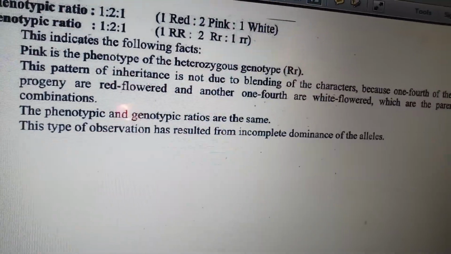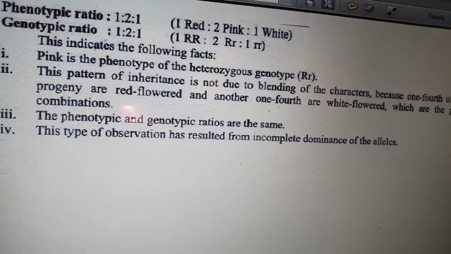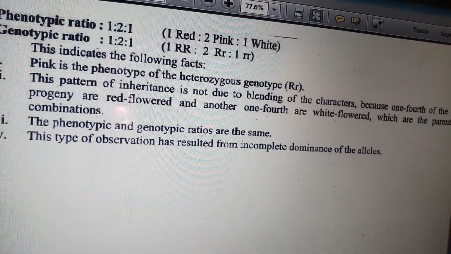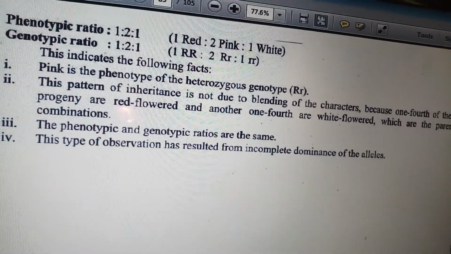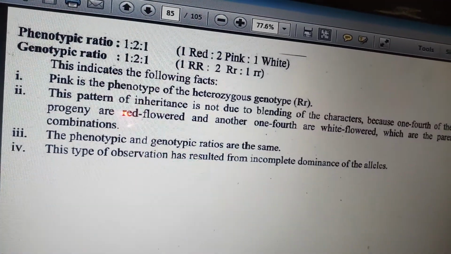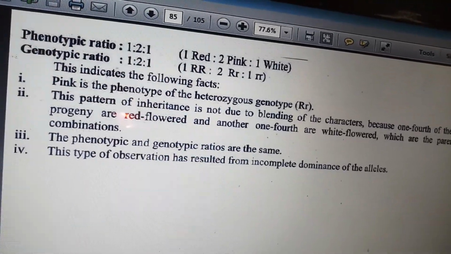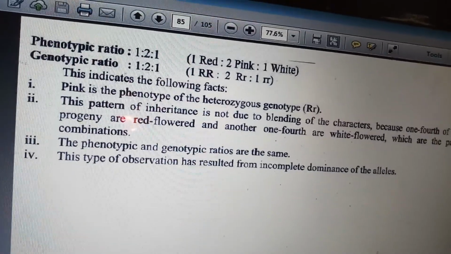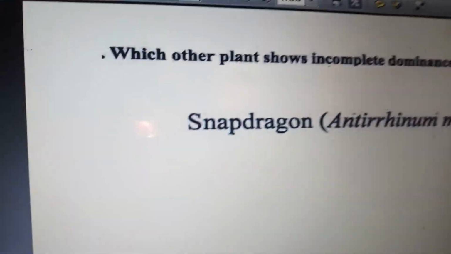The phenotypic and genotypic ratios are the same. This type of observation has resulted from incomplete dominance of the alleles. So you have seen in incomplete dominance, when a red flower is crossed with a white flower, a pink flower is produced in the F1 generation.